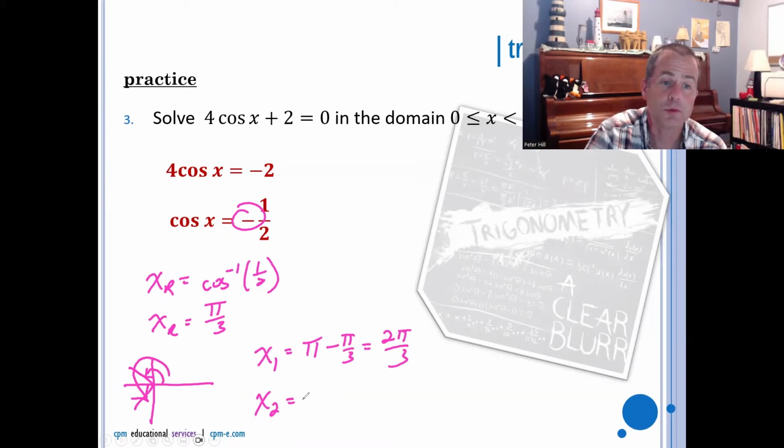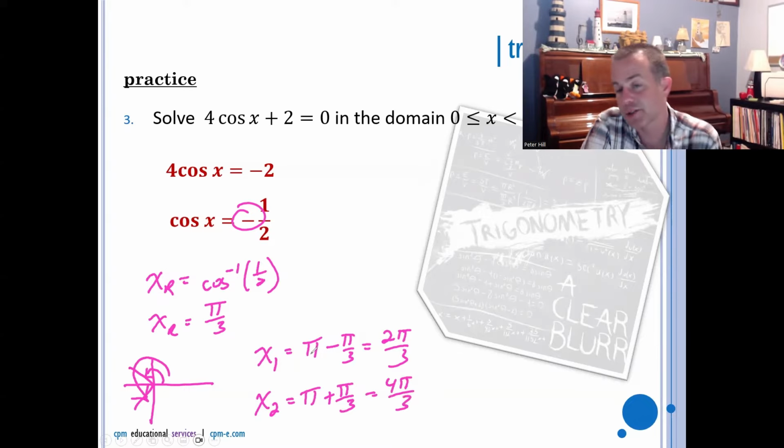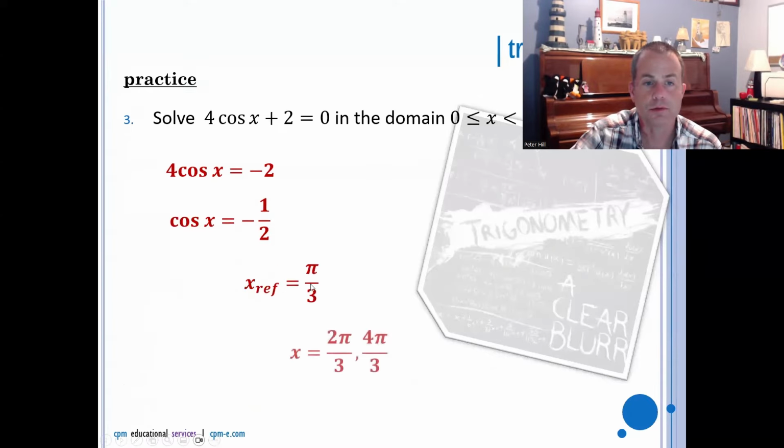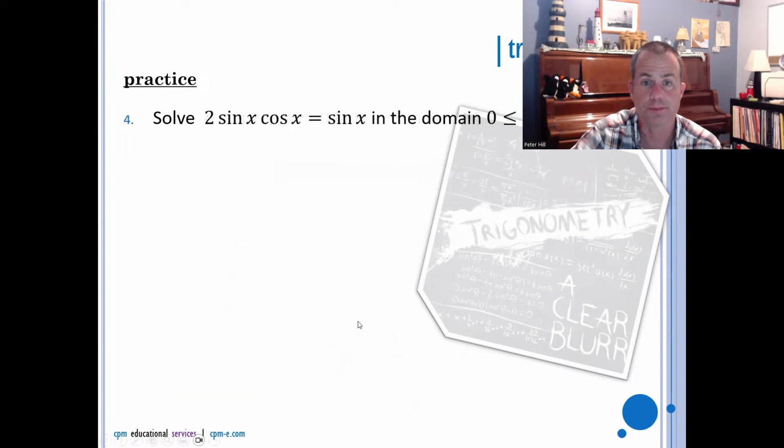My second answer is π + π/3, which is 4π/3. Just remember that π is 3π/3, so it's essentially 3 minus 1 and 3 plus 1. Then I double check that with my domain and I'm good to go. So I showed my reference angle and then my two answers. It's great to draw a picture there too, to show where those two angles are.